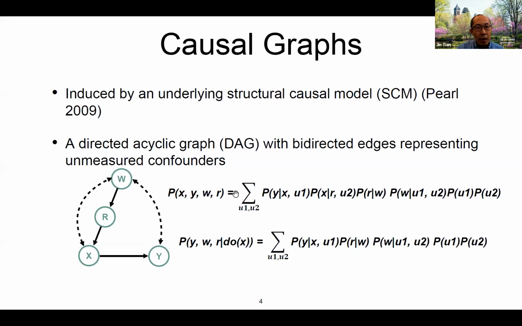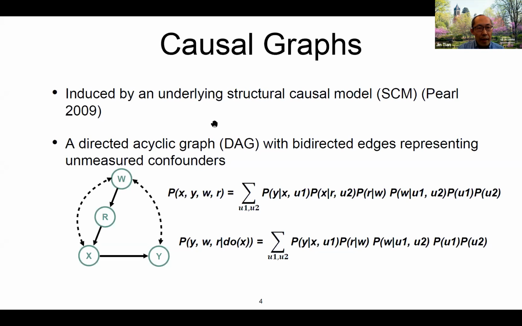Some background. We are going to assume that the underlying model is a structural causal model, or SCM. Normally, we will not know the SCM, but some qualitative assumptions about the SCM might be captured by a causal graph.